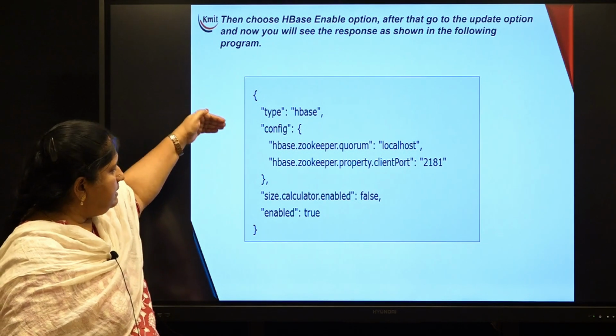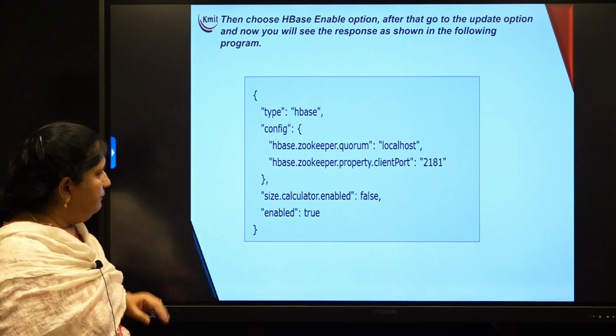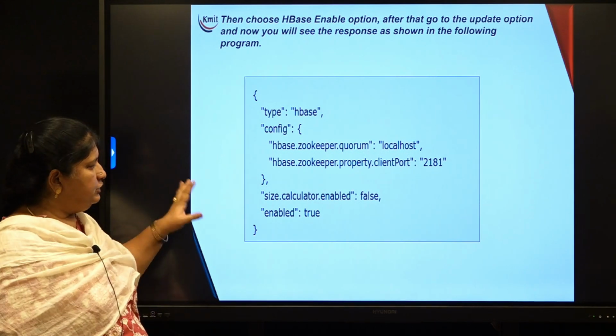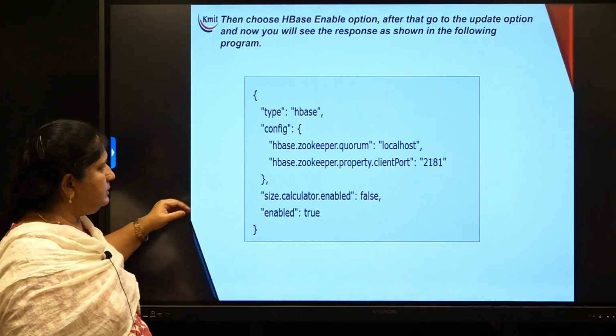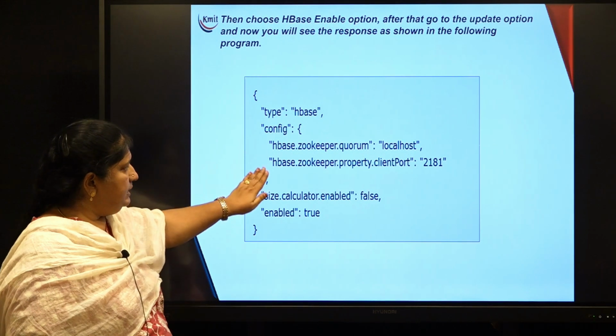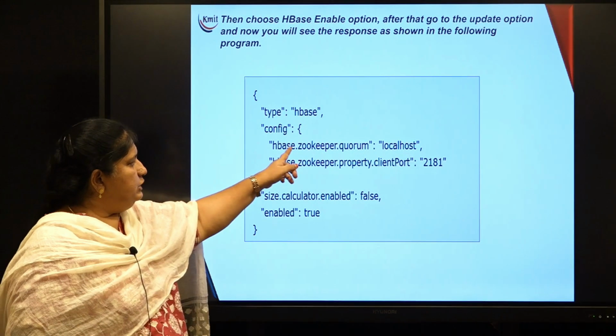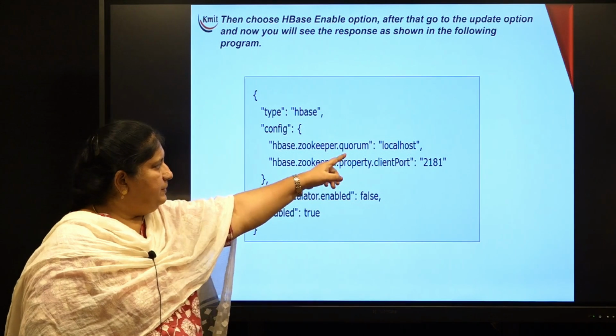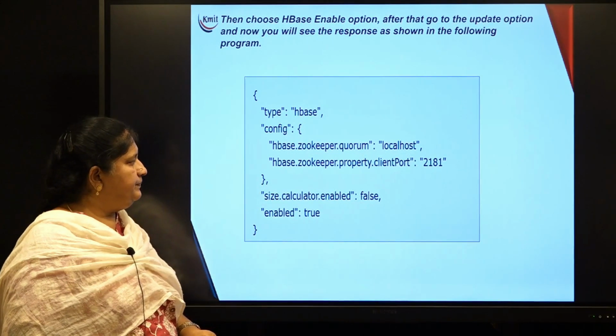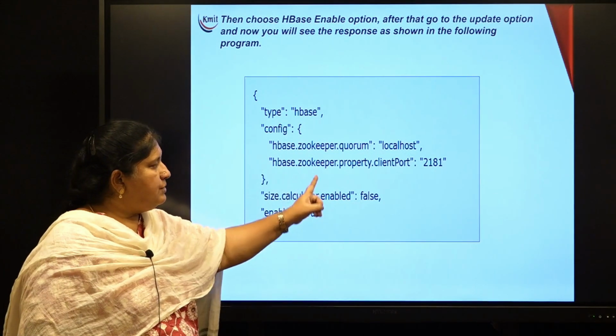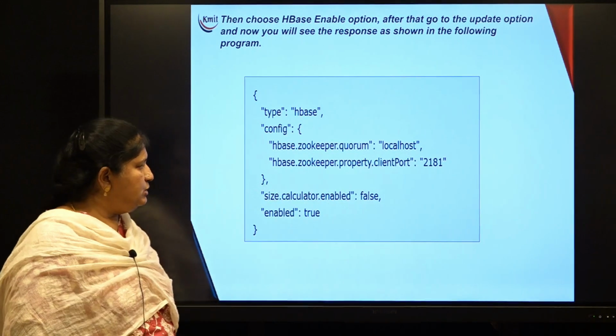We will see a response like this. Whenever you are enabling HBase and the storage options, this is how you should see it. The HBase Quorum will be working on localhost and it will be listening on port 2181.